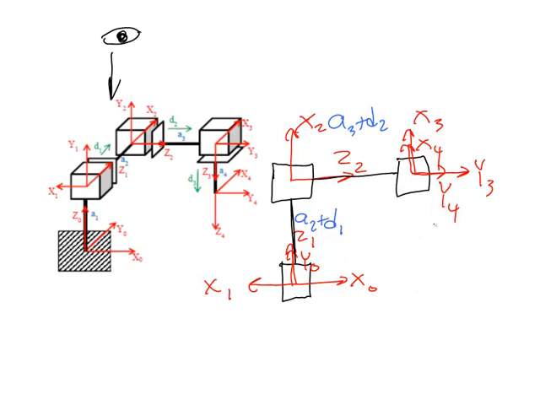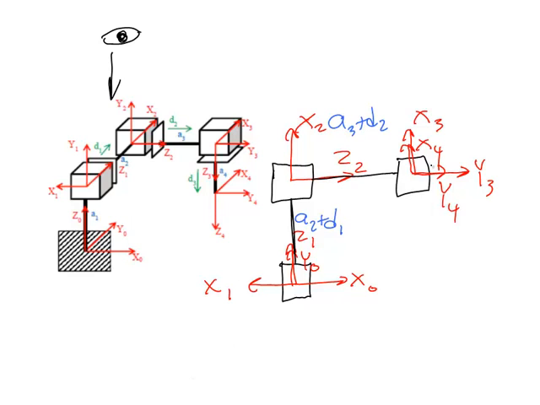Remember that what we're trying to do is we're trying to write another equation where we relate the value D1, which we weren't able to see in the last view, and relate that to the location of the end effector. So how could we do that? D1 is in the expression that relates the vertical distance here between the origin of frame 0 and the origin of frame 2.